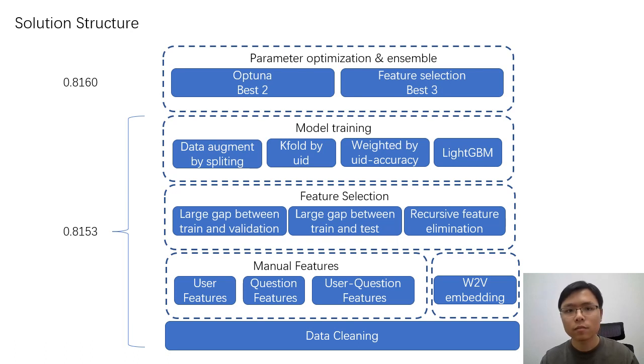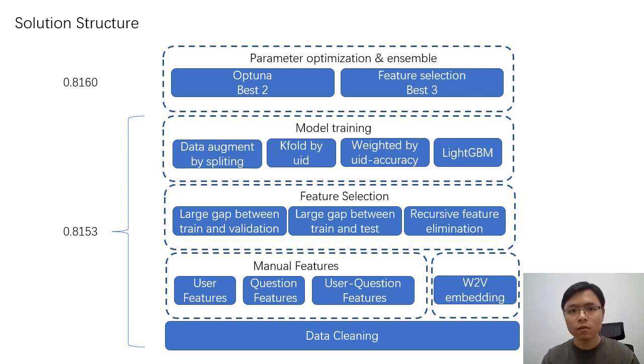And we also use methods like data augmentation and the weight method to reach a higher score. In fact, it has also been found that there is still a large space for improvement with a larger data set.